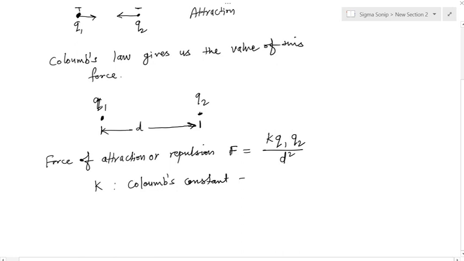and its value is 9 times 10 to the power 9. In some books, K is represented as 1 over 4 pi epsilon 0. Whether you use this representation or K, the value is the same, 9 times 10 to the power 9.